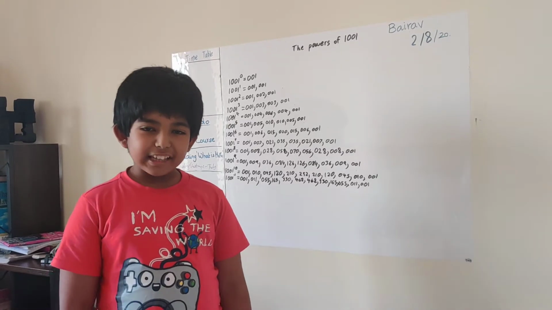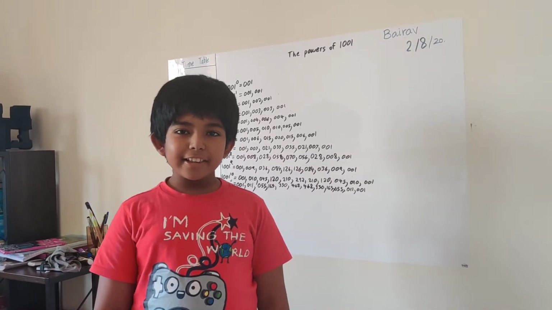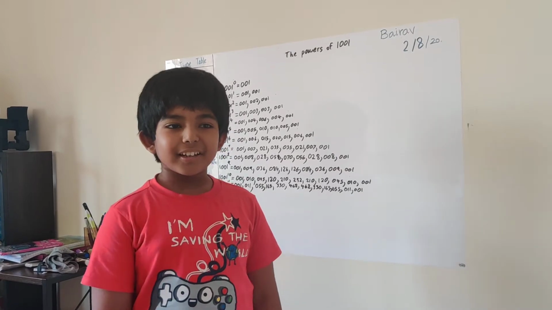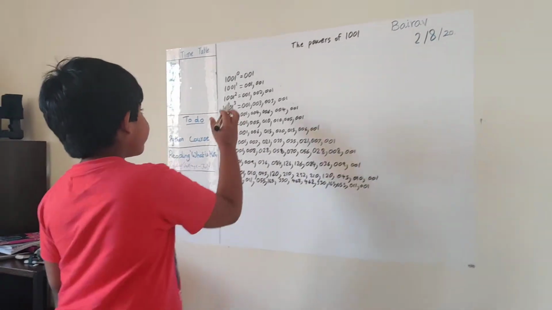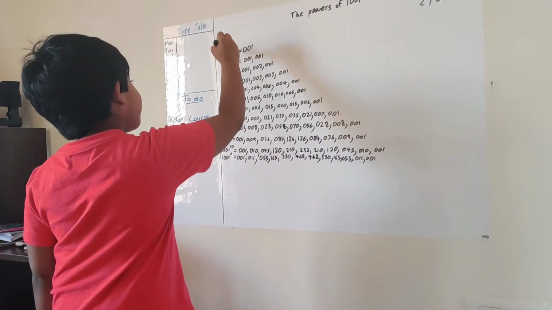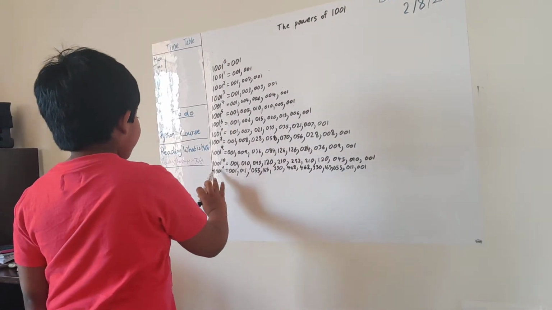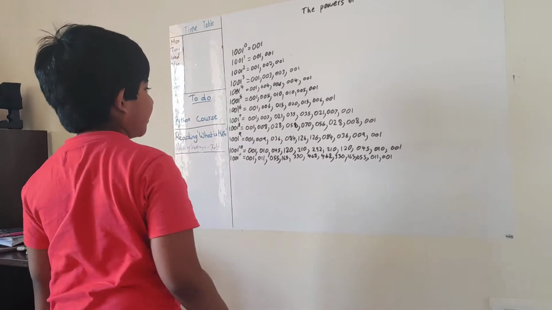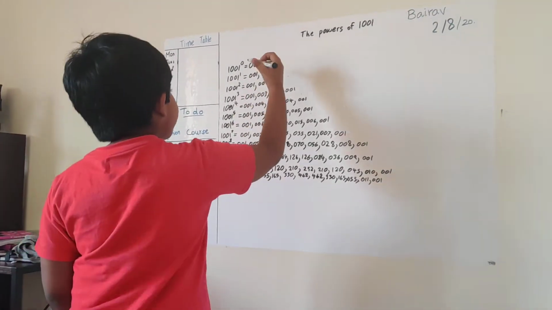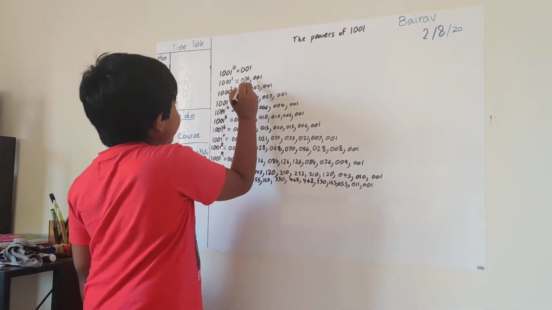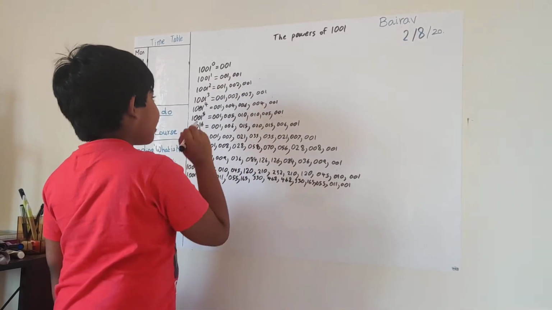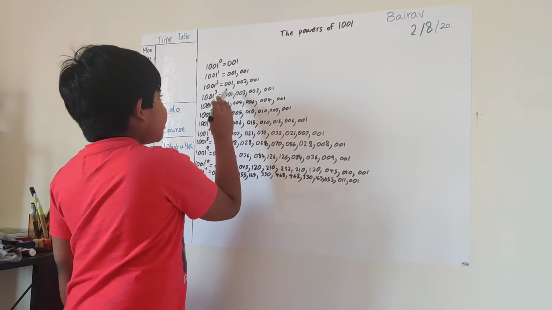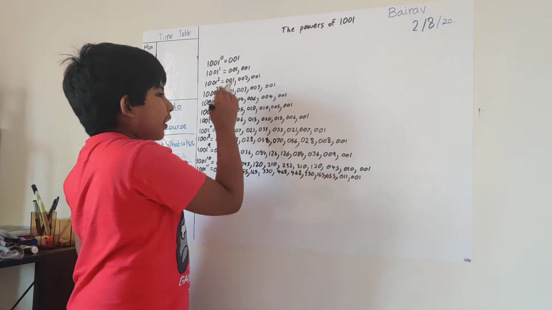Today I am going to discuss Pascal's triangle and the powers of 1001. So here I have taken all the powers of 1001, from 1001 to the power of 0 to 1001 to the power of 11. Here you see 1, and then here you see 1001, and here you see 1,002,001.